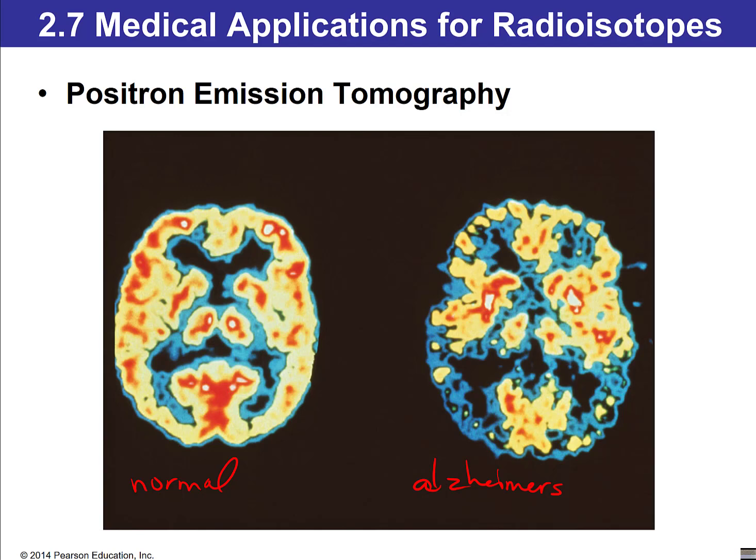But the one that's on the right, that's your Alzheimer's patient, doing the same activity. So they're asking them the same questions, drawing on the same things, and you can see how much less activity those cells have in comparison.